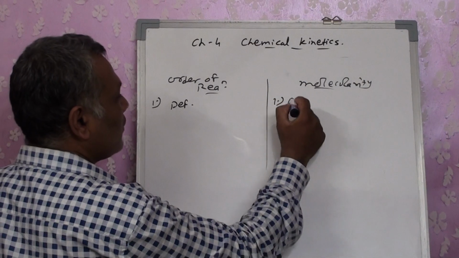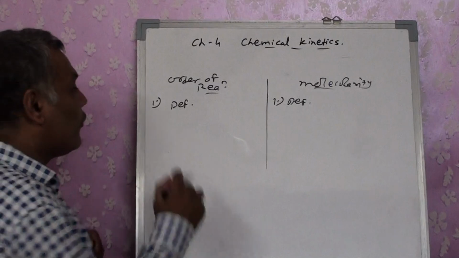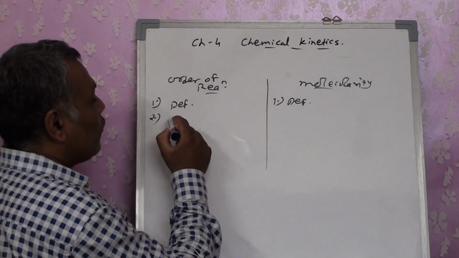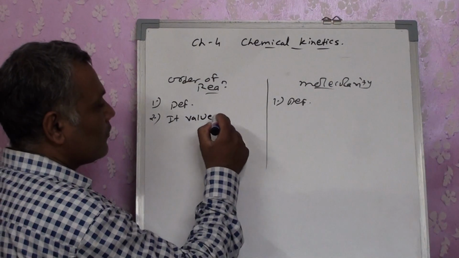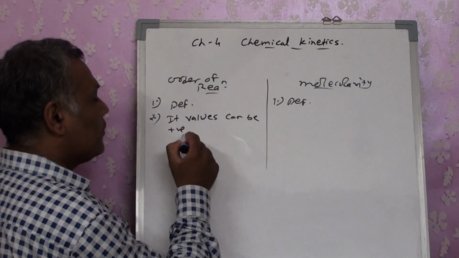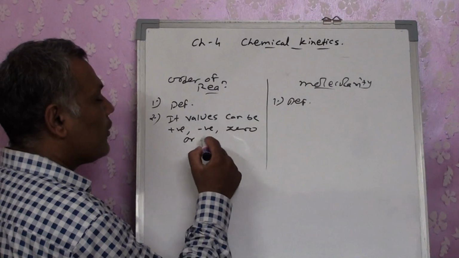We already wrote it. But the other factors are now going to be important for us. Its value can be positive, negative, 0, or even fraction.